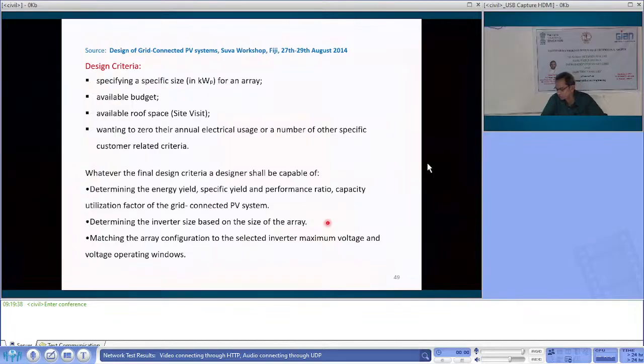Voltage operating windows, because you can put say any number in the series to form a string, but ultimately वो string का voltage जो रहेगा, parallel string, they will have common voltage, so same voltage that will go as the input to the inverter. So what is the inverter requirement? वो रेटिंग का इन्वर्टर मार्केट में है क्या, वैसे आप डिजाइन करो, उतनी सीरीज में लगाओ, वैसे स्ट्रिंग बनाइए.